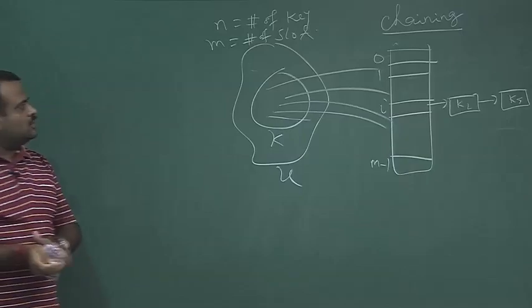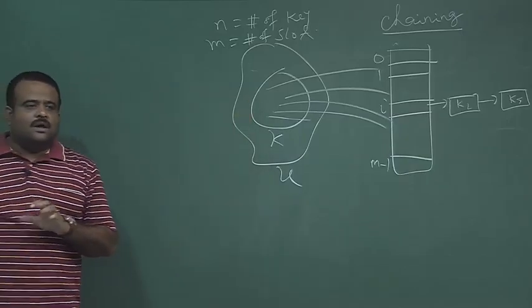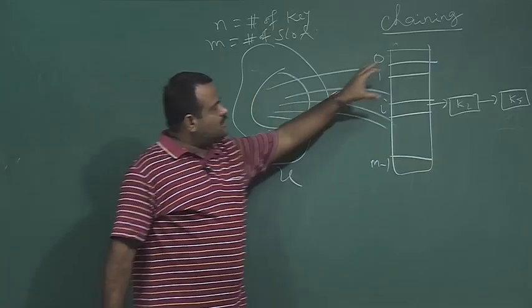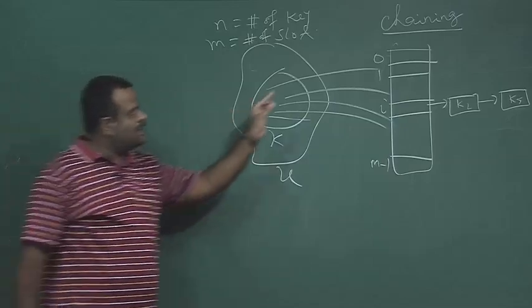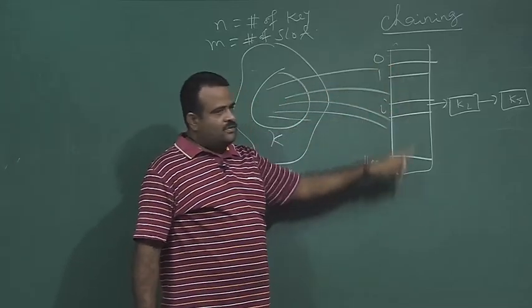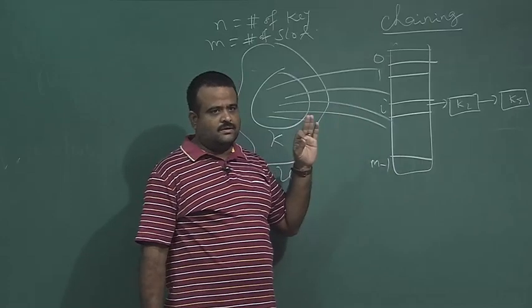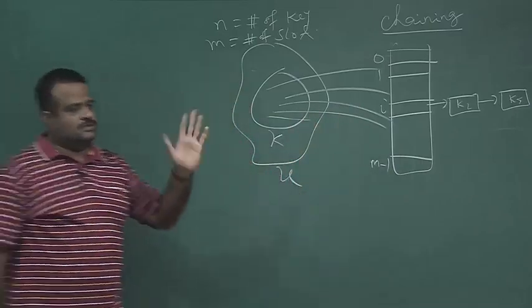Now suppose we know that our hash function is good in the sense that it is uniformly distributing the keys over these slots. That means if you take any key, it is equally likely to go to any of these slots with equal probability. So that is the uniformity of key distribution by the hash function.